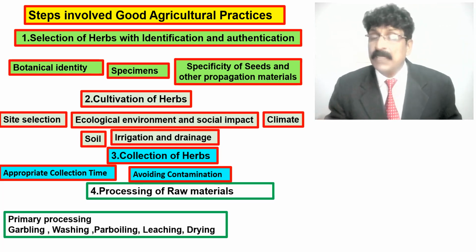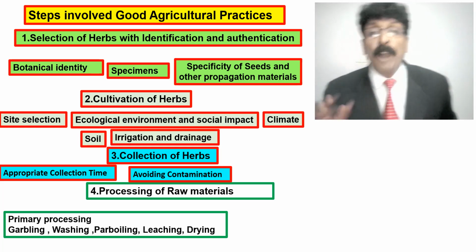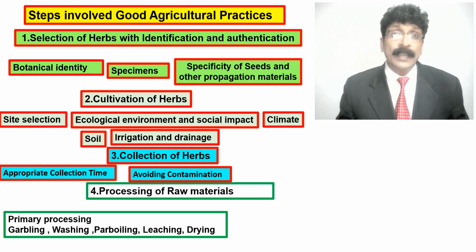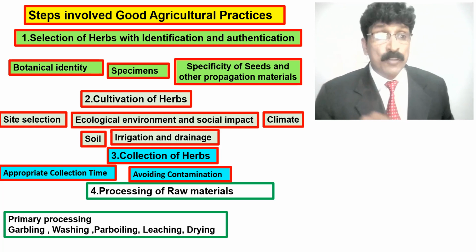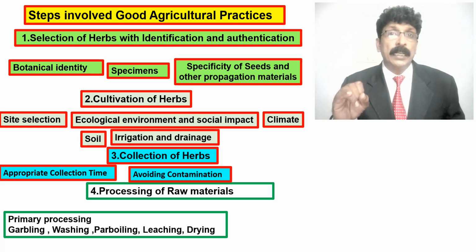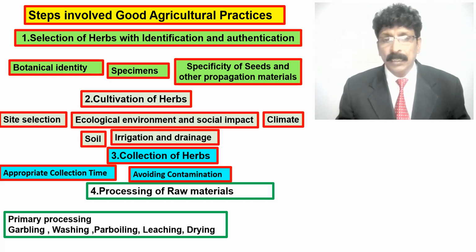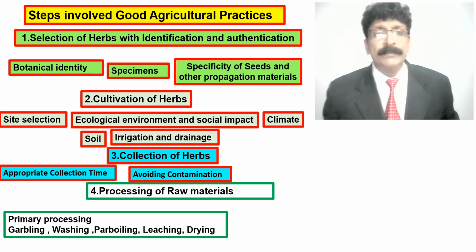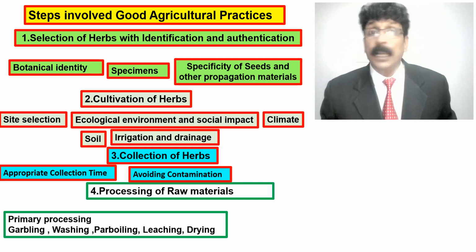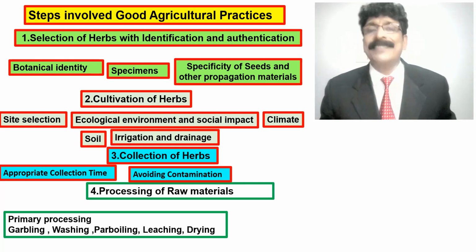Many times they have asked 5 mark question, 10 mark question, 2 mark question. In processing of raw materials, they can be categorized in two forms. One is primary processing, in which garbling, washing, parboiling, leaching, drying. You have to see all this in detail separately.